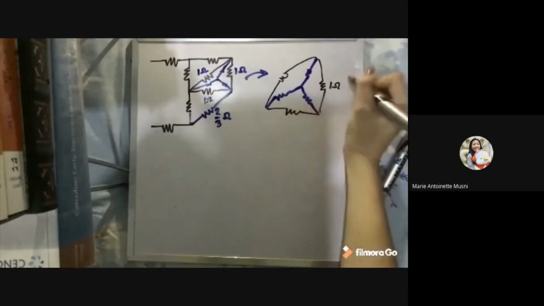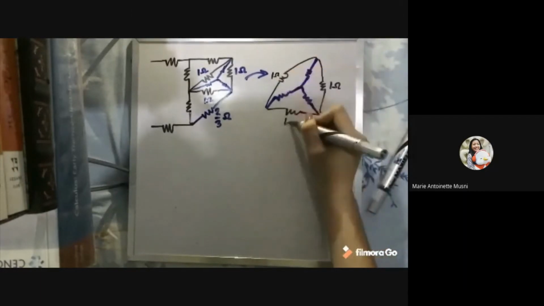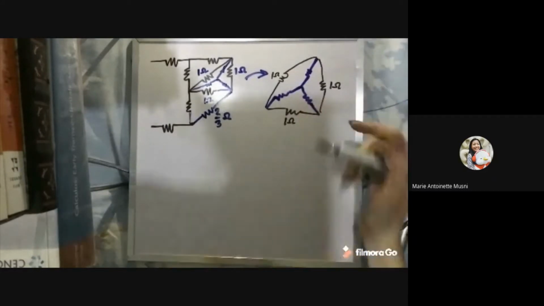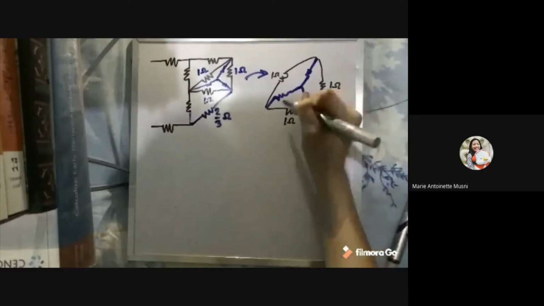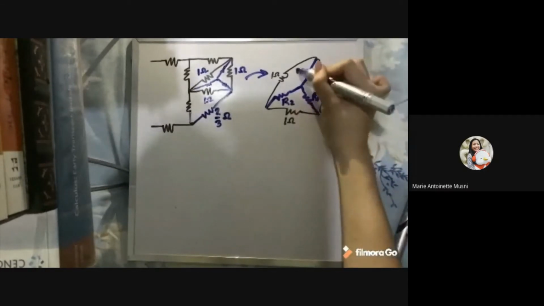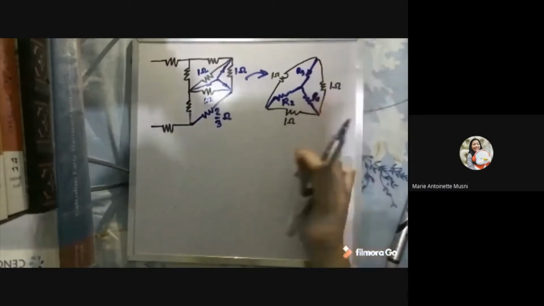So these are all 1 ohm in value. And let's label our new resistors here as R2, R1, and R3 for that resistor.